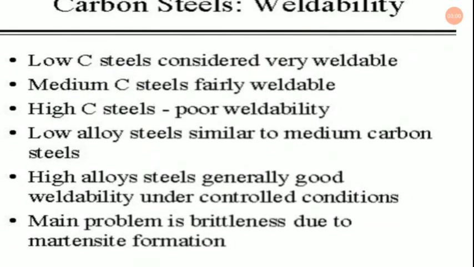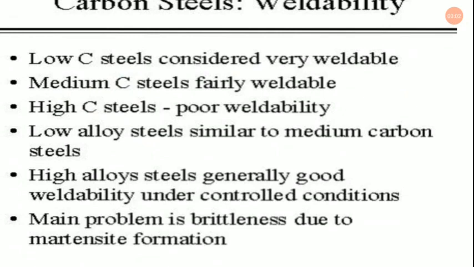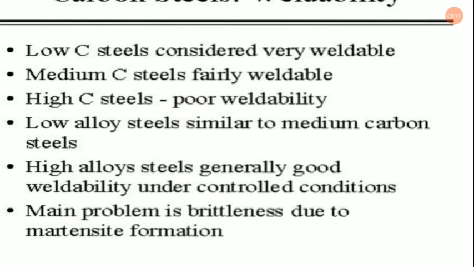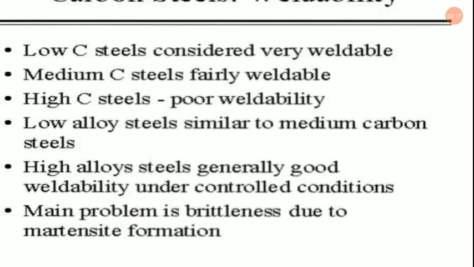Now talking about the weldability of carbon steels. Low carbon steels are considered very weldable. Medium carbon steels are fairly weldable. High carbon steels are poorly weldable. Low alloy steels are similar to medium carbon steels, and high alloy steels are generally good.